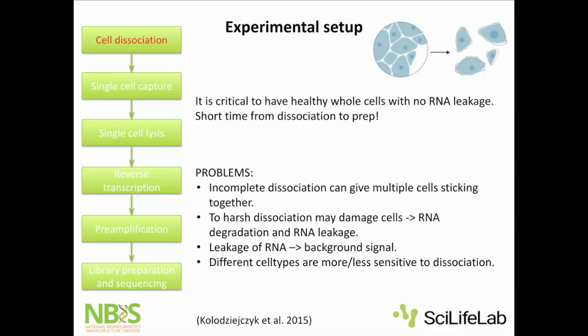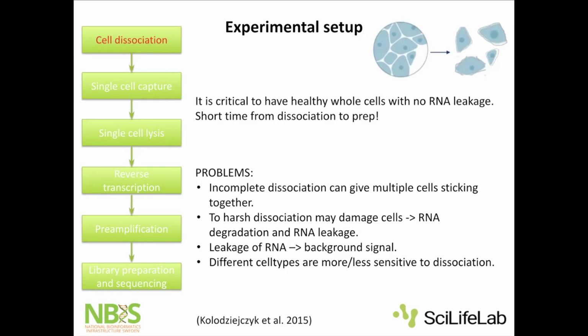If you're working with immune cells or anything blood that doesn't need to be dissociated, you're lucky, then you can avoid this. But otherwise, if you're working with solid tissues, you have to treat the cells with digestion enzymes. Some of them will break the cells, and if the cells are broken, you get all this RNA leaking out that gives you a background signal.